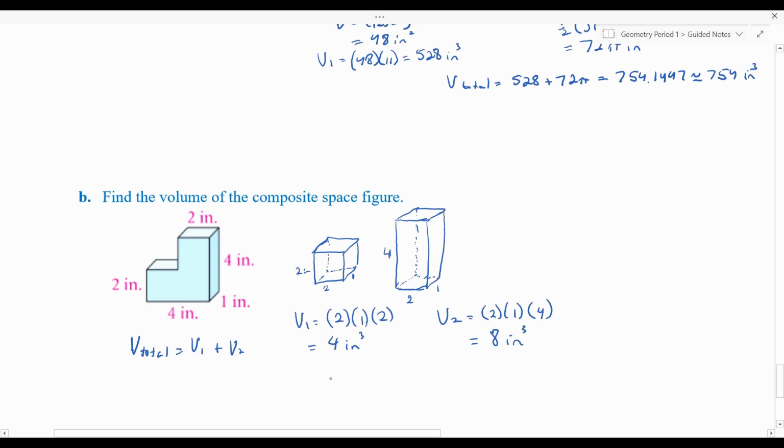Okay, so our total volume is going to be 4 cubic inches plus 8 cubic inches, which gives us 12 cubic inches. And that looks terrible. Much better. Alright, and that is our volume for this composite space figure.